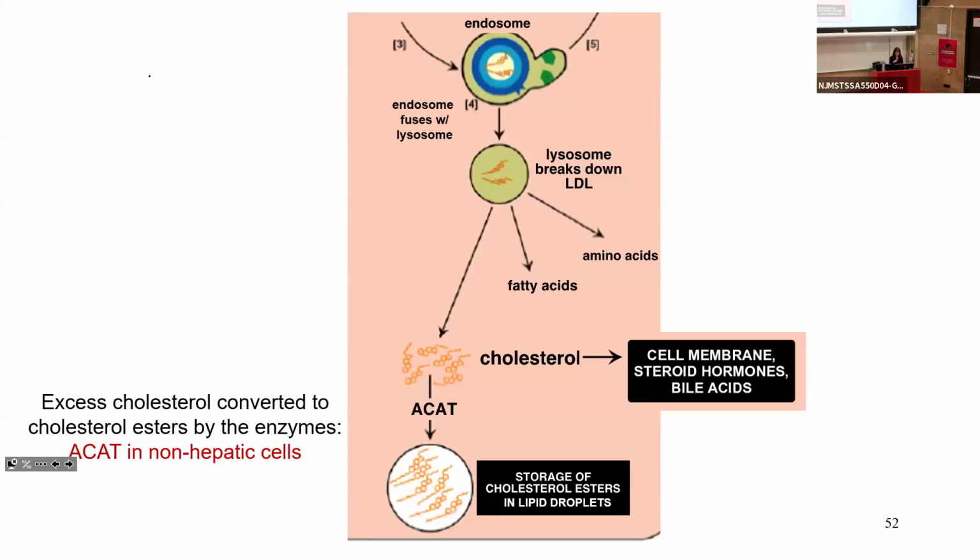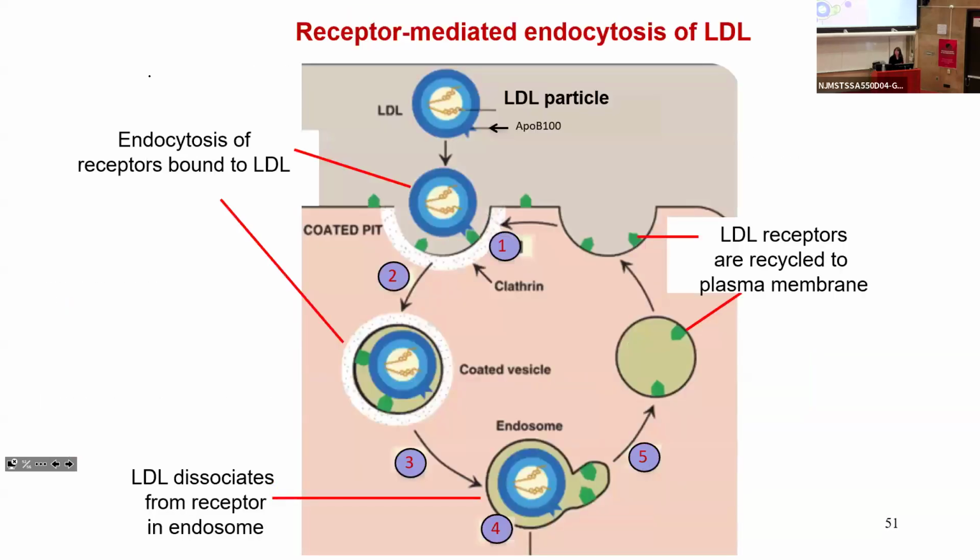And the cell can sense then how much cholesterol is available. But if that LDL receptor is not working, let's say there's some defect in it, and the LDL particles just remain outside the cell, those particles then can go on to form these atherosclerotic plaques, right?